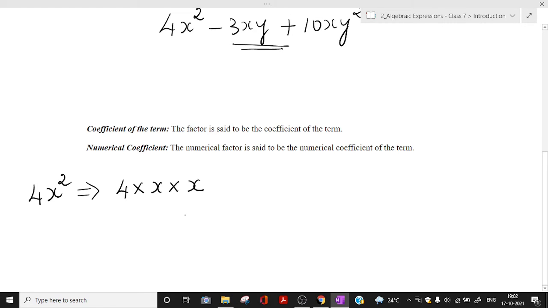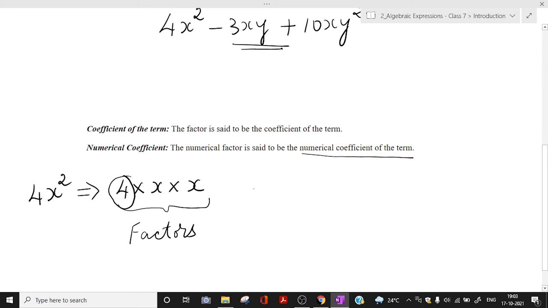So the factor is said to be the coefficient of the term. And what is a numerical coefficient? Out of these factors, 4 is a numerical factor. So the numerical factor is said to be the numerical coefficient of the term.